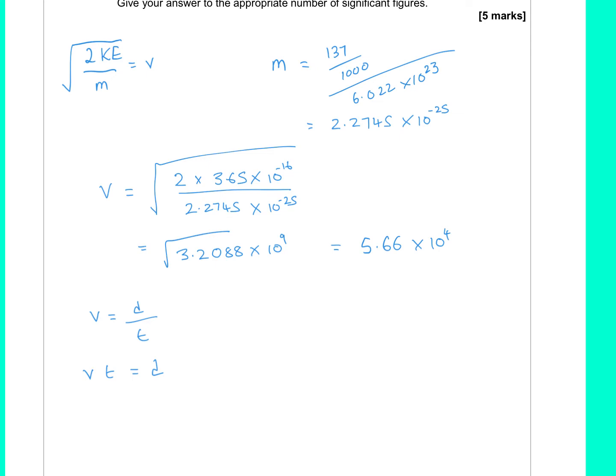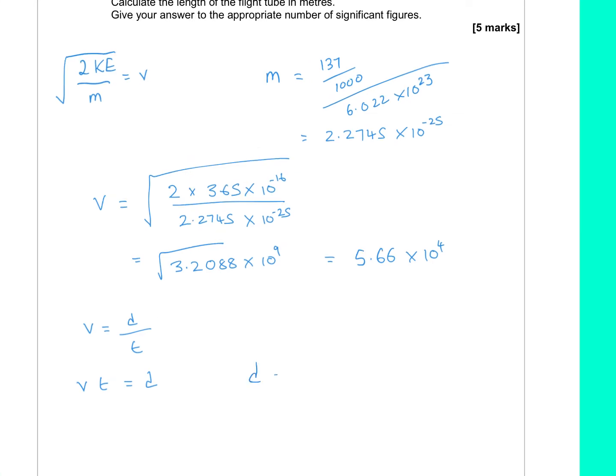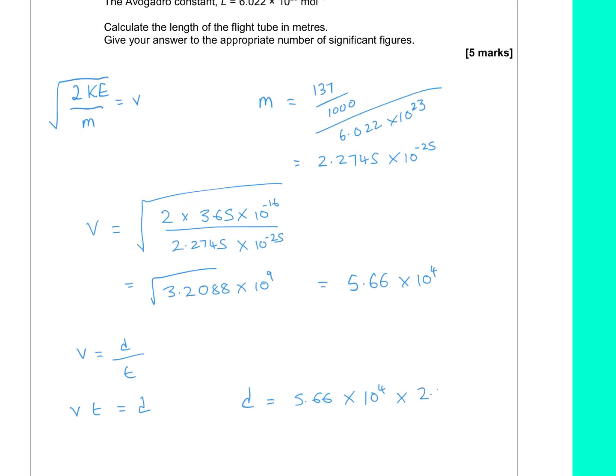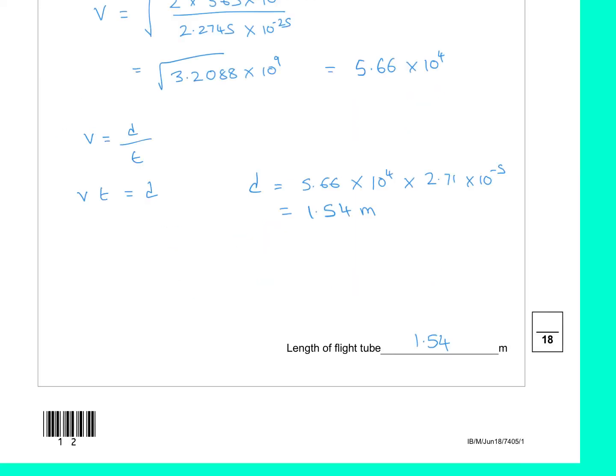So if we do 5.66 times 10 to the 4 times the time taken, we come out with a distance which is in metres and is usually 1.5 metres, between half a metre and 2 metres, so 1.54 metres is a reasonable distance.